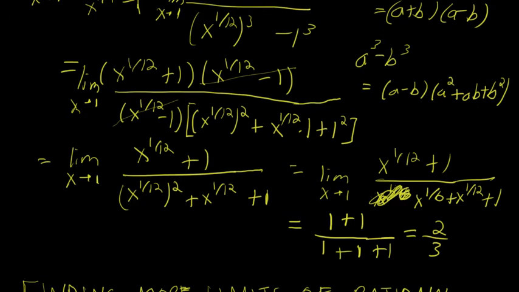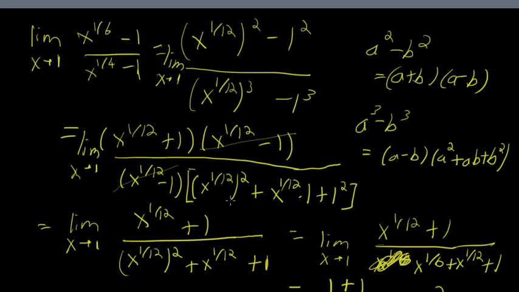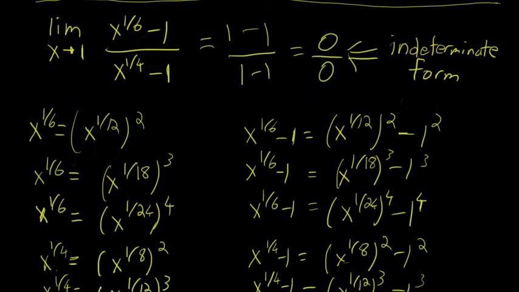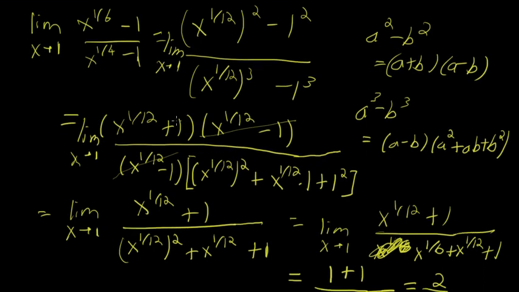Now, as for why we made these selections, why did we choose to re-express this numerator as x to the 1/12 squared minus 1 squared instead of, say, x to the 1/18 cubed minus 1 cubed? Well, we wanted to somehow get rid of this x to the something minus 1, because when x tends to 1, x to any power will also get close to 1.